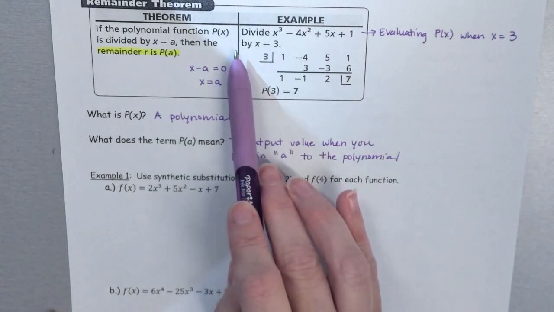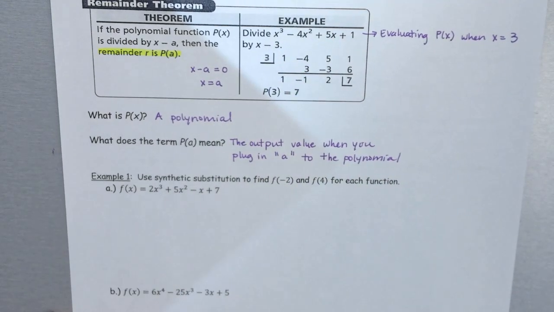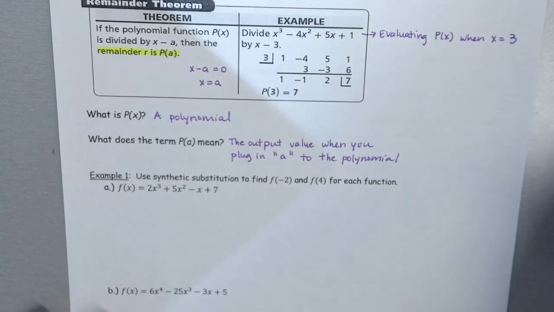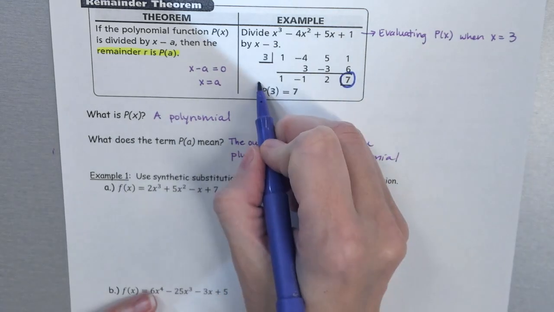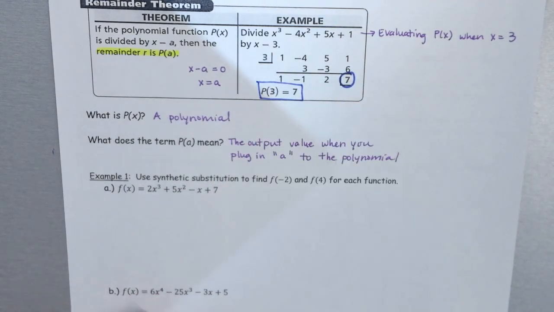Okay, so they're saying you're dividing this, and then your answer is going to be the remainder. Okay, so here's our remainder. We would write this as p of 3 is equal to 7. So when you plug in 3, the result is going to be 7.